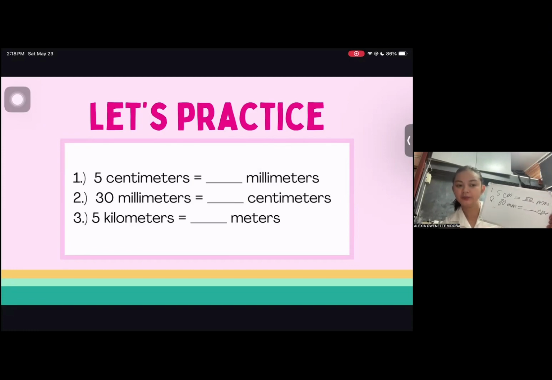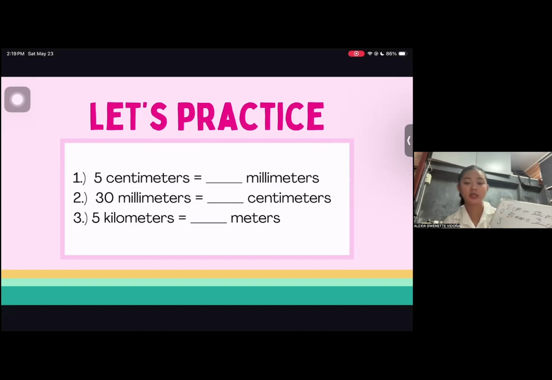What's the answer? Correct. 30 divided by 10. So, 30 millimeters divided by 10 is equal to 3. So, the answer is 30 millimeters equals 3 centimeters.